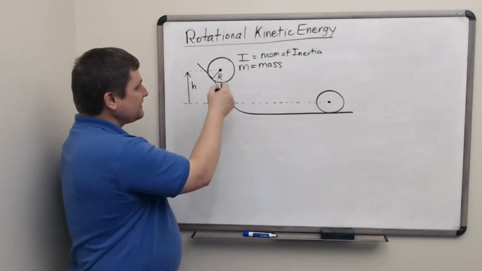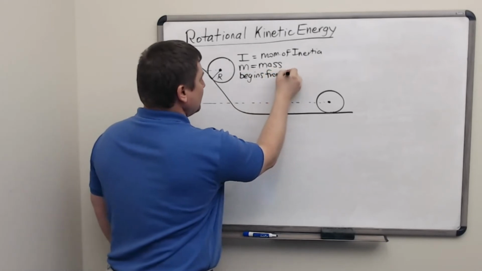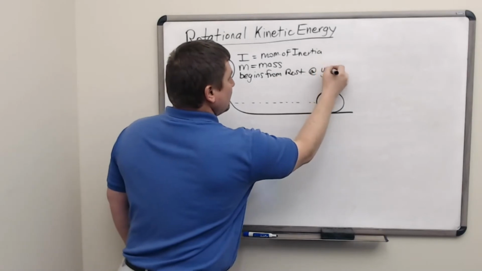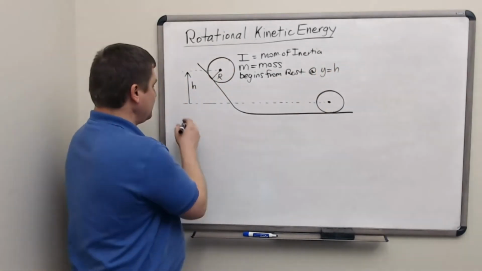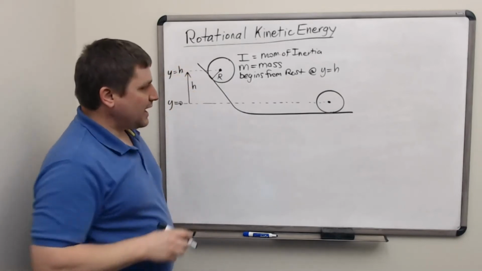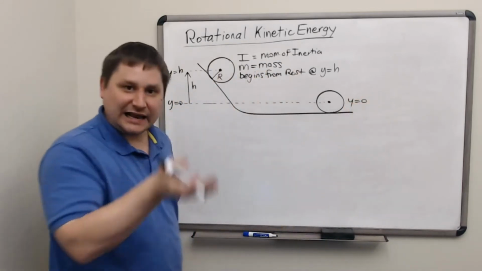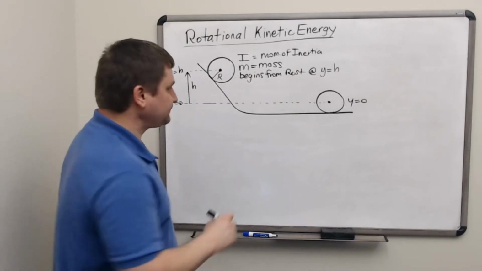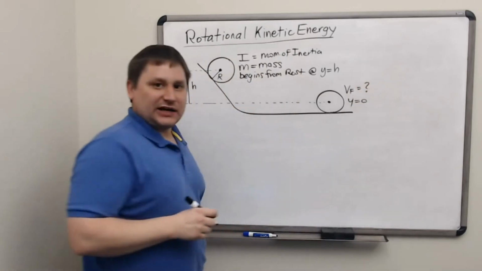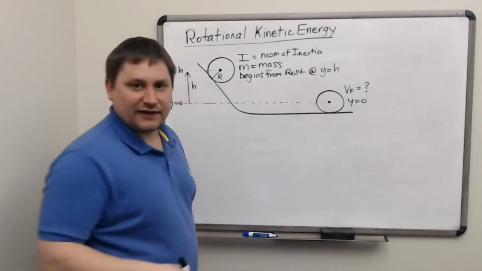The object begins from rest at a height y equals h, and ends at a height of y equals 0. So it descends through a distance h. And the objective of this derivation is to get a formula to predict the final velocity of any such rolling object.